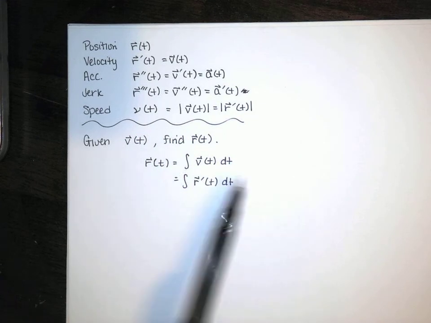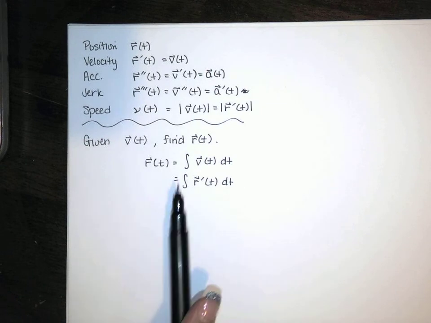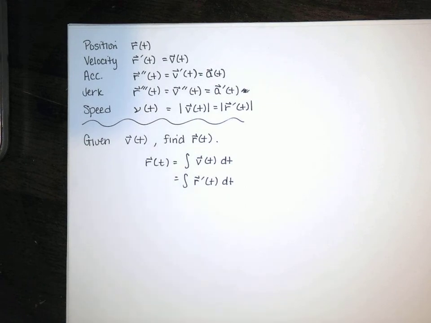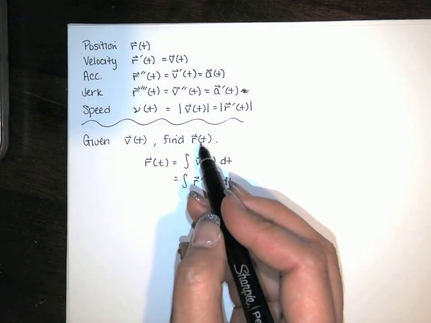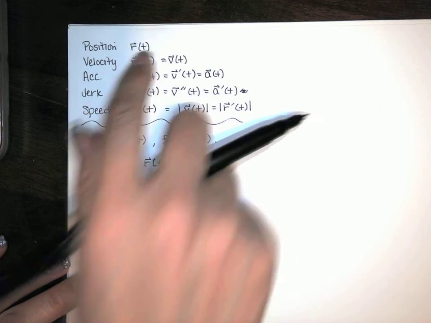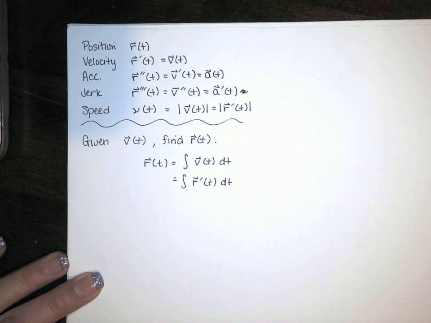This is just going to give me some functions of t with some arbitrary constants in them that indicate the position. We'd like to not have any arbitrary constants in our position function if possible. So if I was given v and I wanted to find r, to get from here to here, I anti-differentiate. To get from velocity to acceleration, I differentiate.